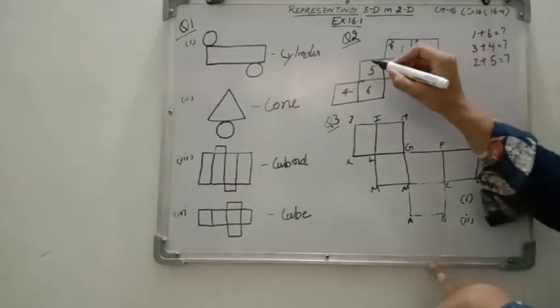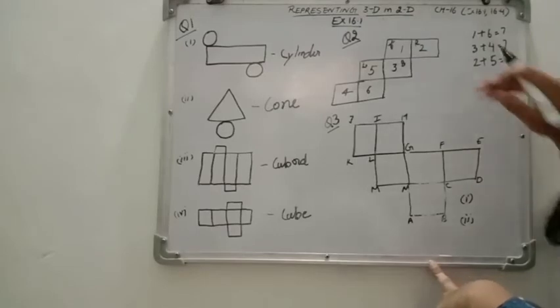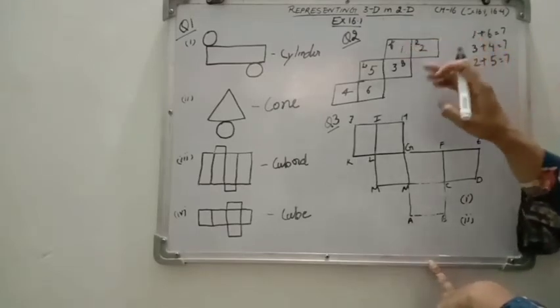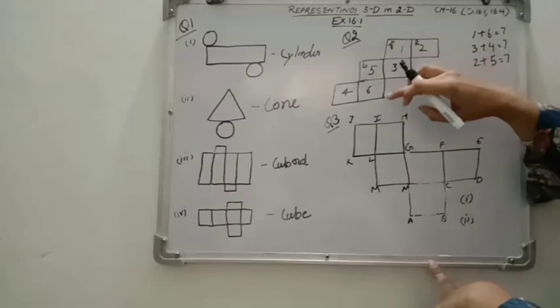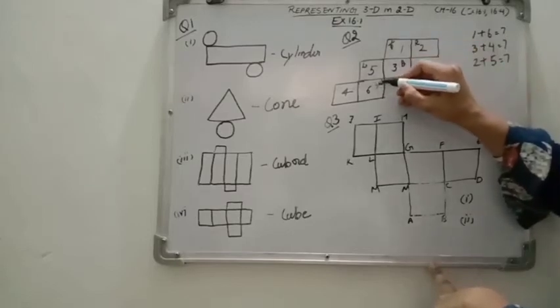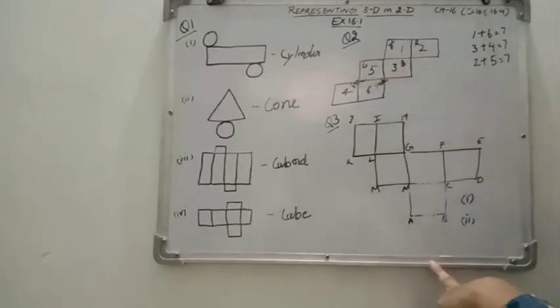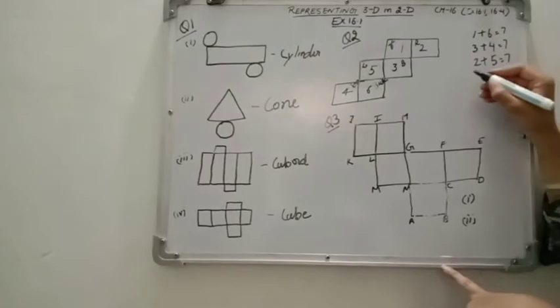Clear? And 5 becomes left. Clear? Front, right, base, left. Then 6 will be back, and 4 will be the top. Now you can see, what is the opposite of front?